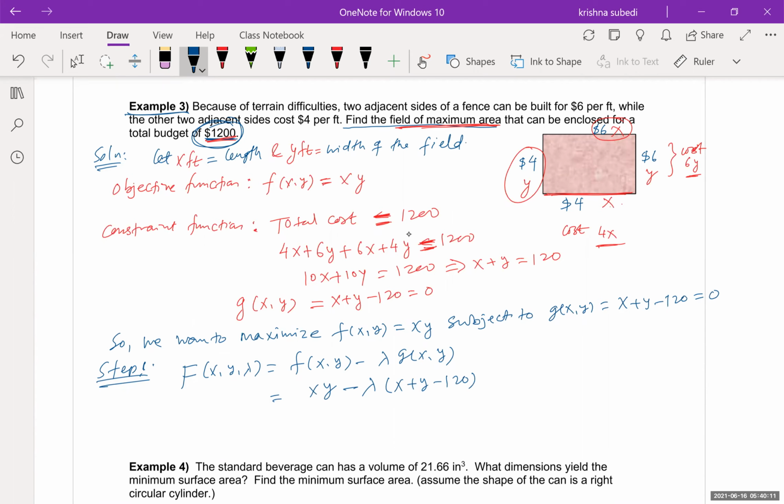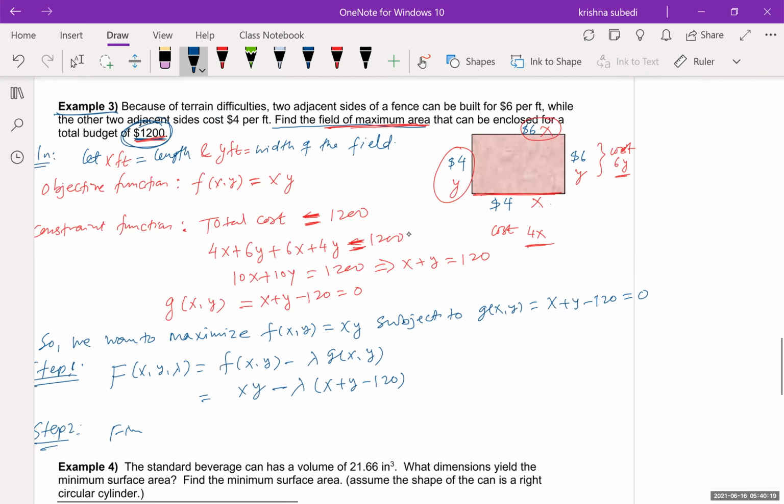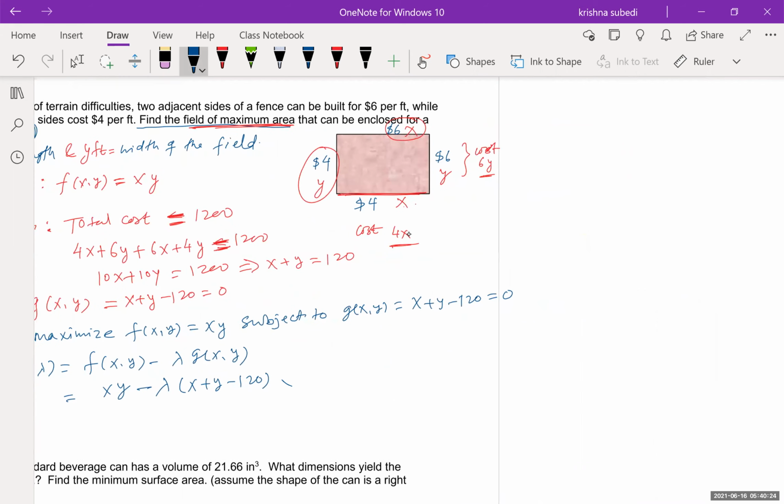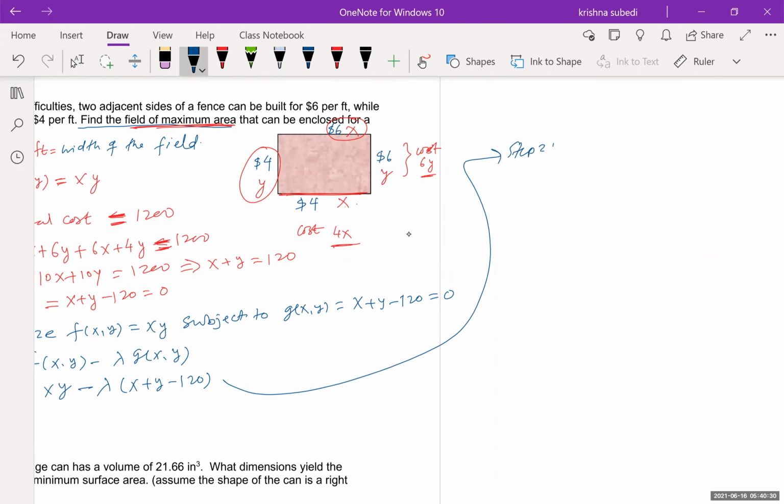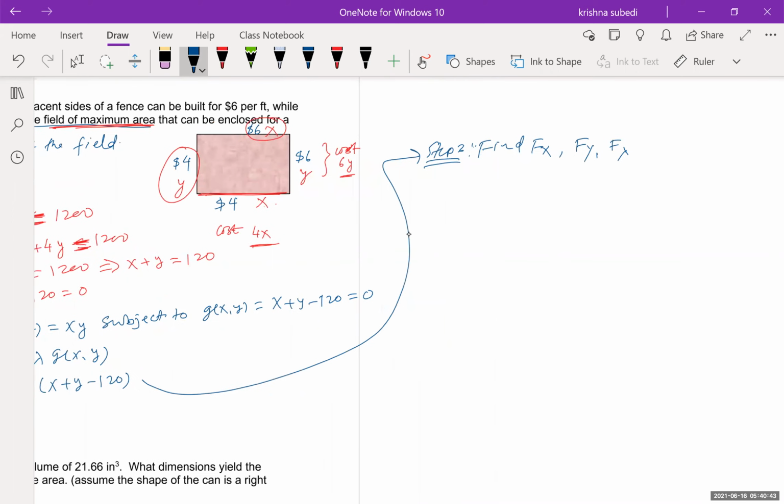Okay, now step 2. I'll write it on the other side, I don't have space here. Step 2: find the first order partial derivatives with respect to x, y, and lambda, and the critical numbers, the critical point.